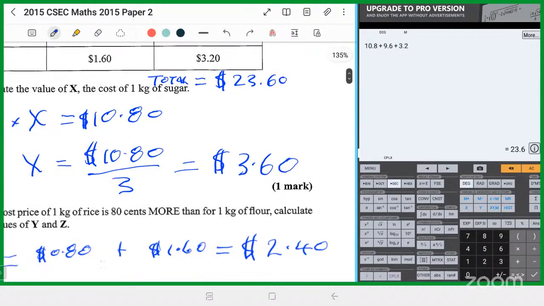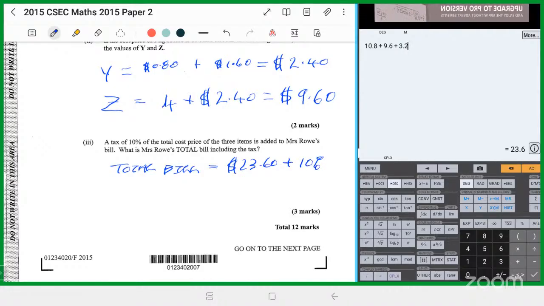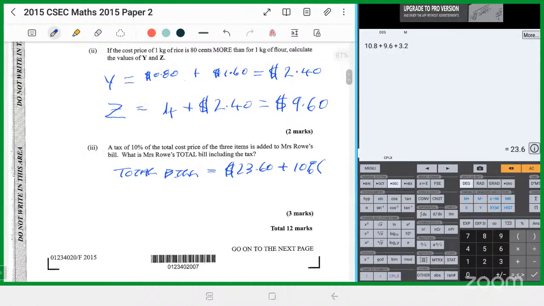And then you're adding 10% to this. So the total bill, look at it this way, total bill is equal to 23.60 plus 10% of the 23.60.